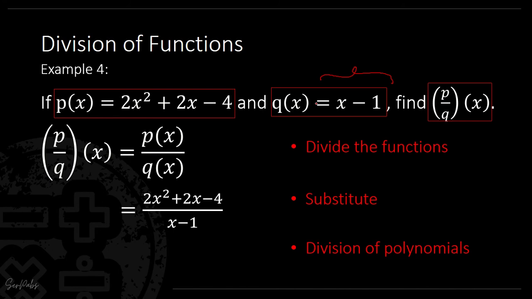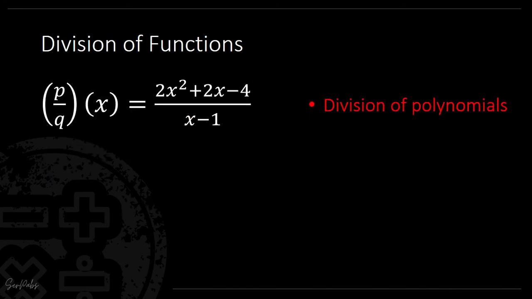So, scratch paper again, divide the polynomials. So, we have 2x squared plus 2x minus 4 divided by x minus 1. So, ang unang gagawin, ipaloob natin kay division symbol. So, we have here 2x squared plus 2x minus 4.